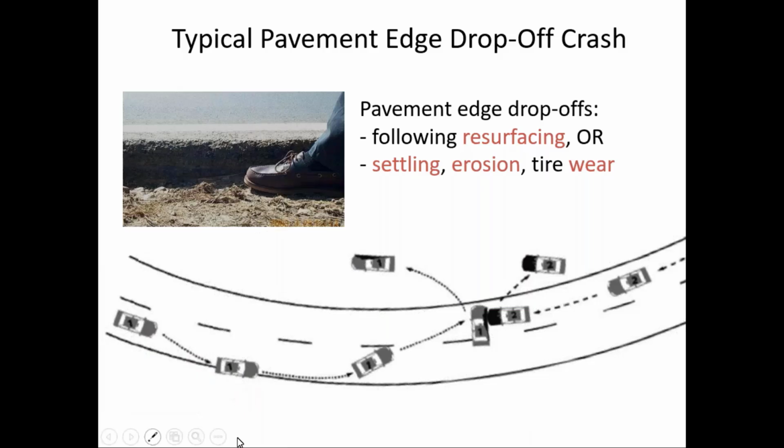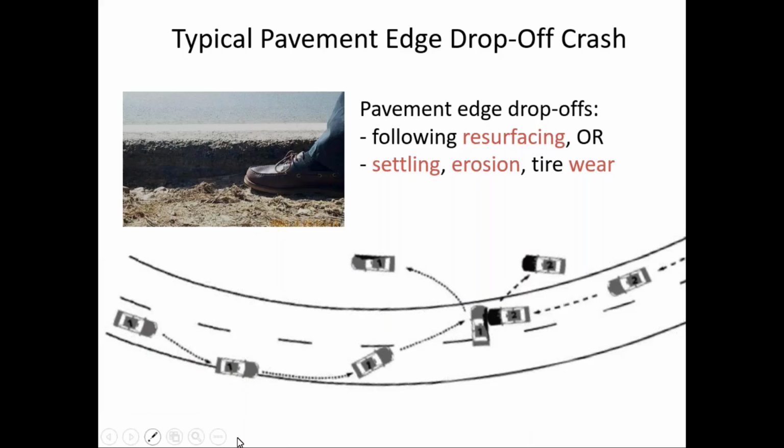And typically what happens, even though most state driver licensing manuals that I'm familiar with talk about this situation and advise drivers, if you're ever in this situation, what you should do is slow down gradually, and then where the drop off is minimal, gently steer back onto the pavement.